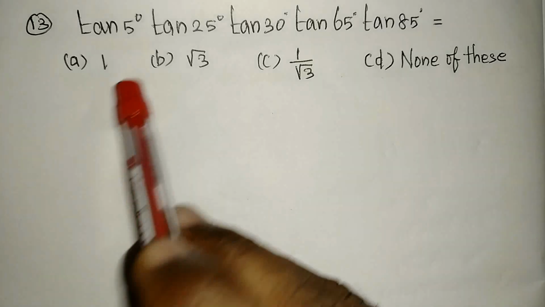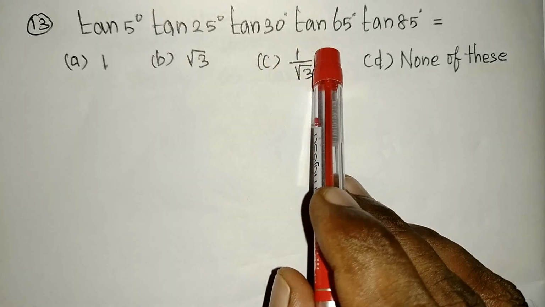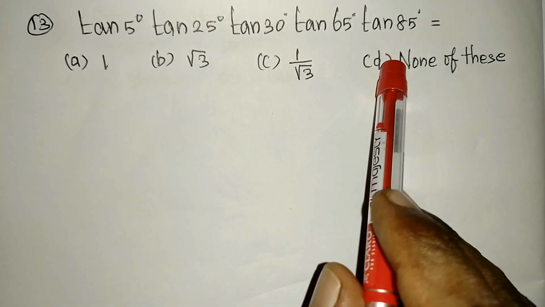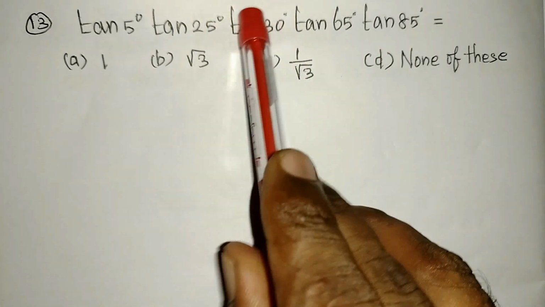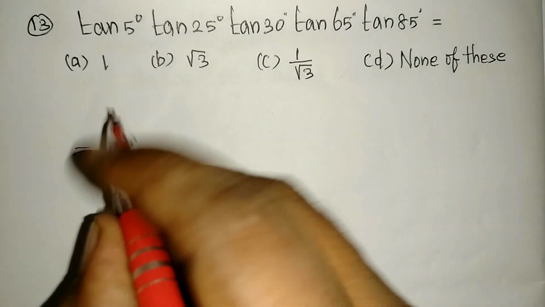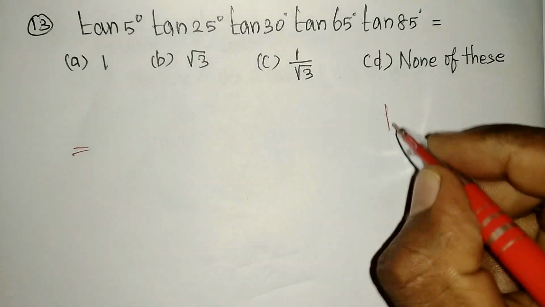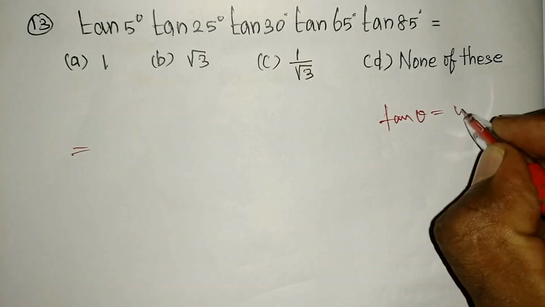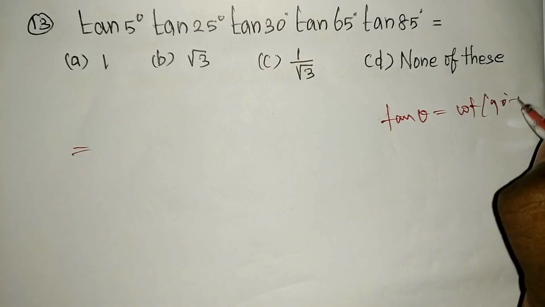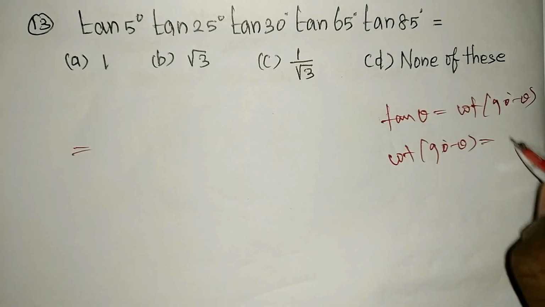Question number 13. Tan 5 degree, tan 25 degree, tan 30 degree, tan 65 degree, tan 85. Likewise they have given, tan 30 only we have as a standard value, the remaining things we have to cancel by using complement. Right, tan 5, if you use a complement, you will get what? We know very well, tan theta is equal to cot 90 minus theta, or cot 90 minus theta is equal to tan theta.